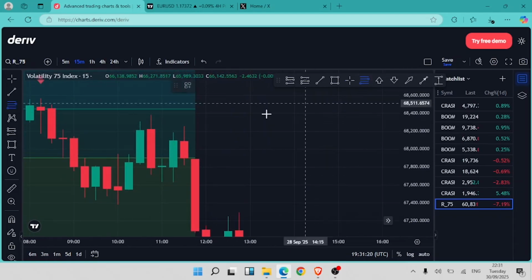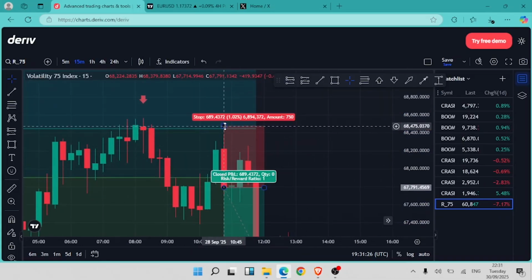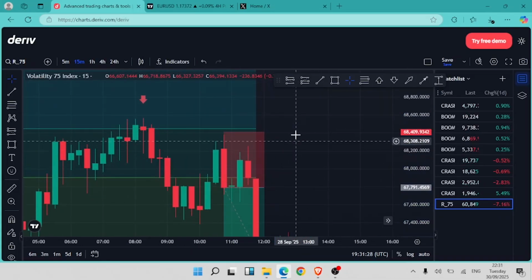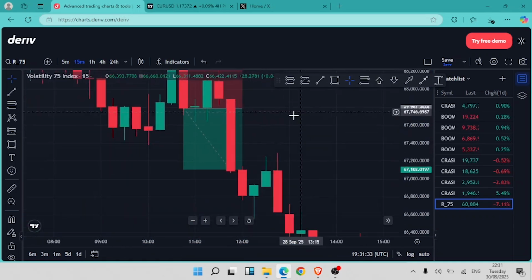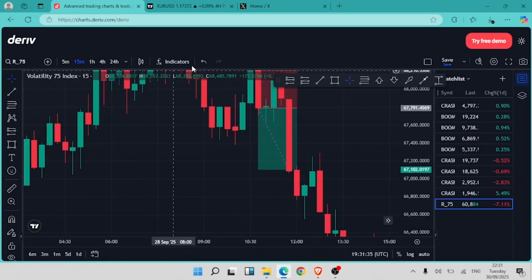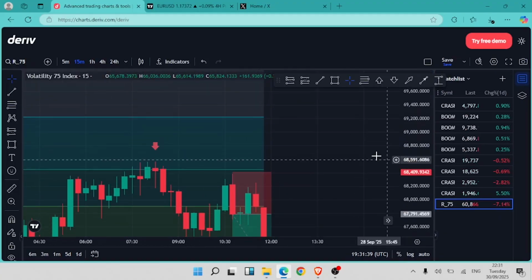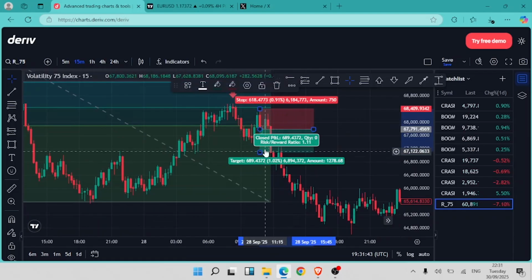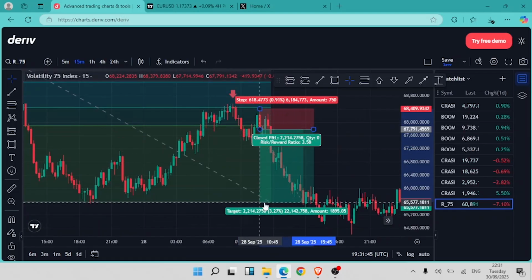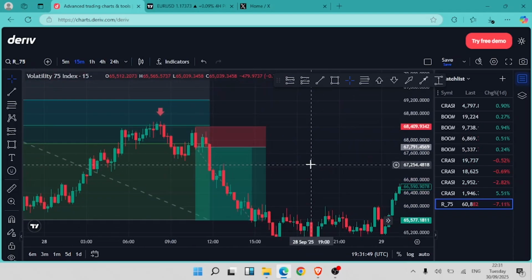The first way is to get an entry after the close of that engulfing candle right there. So you see that engulfing candle closes, and then let me return my Fibonacci tool. So you want to target these lows here, or the first point of this Fibonacci tool.